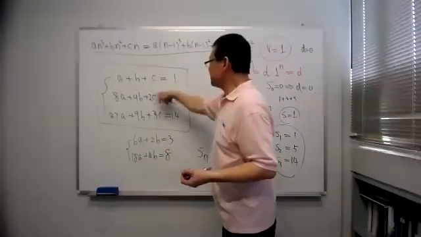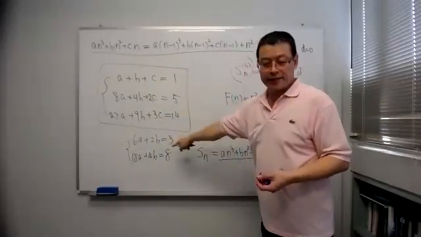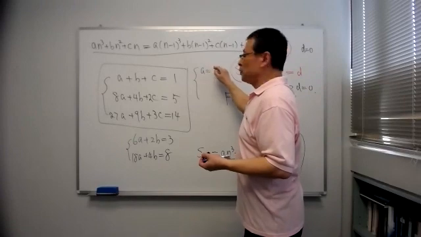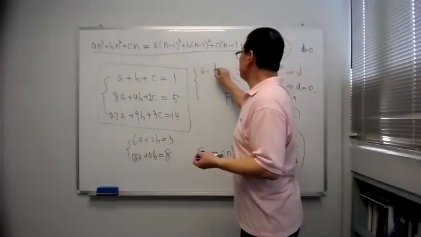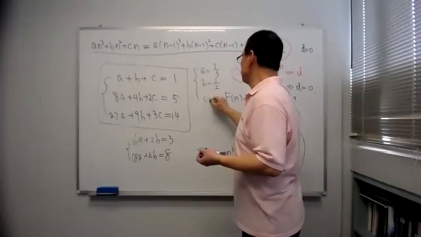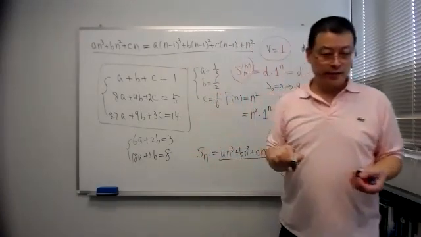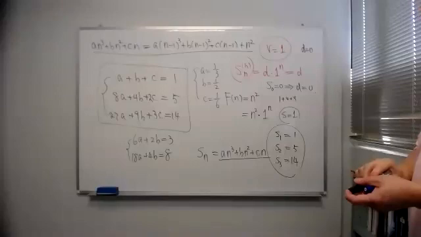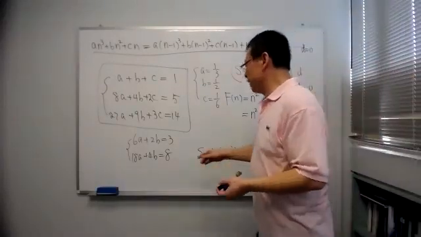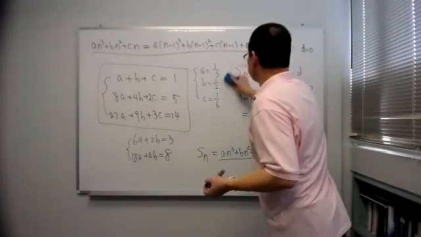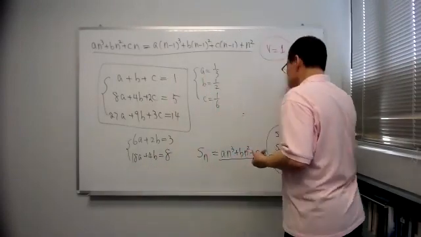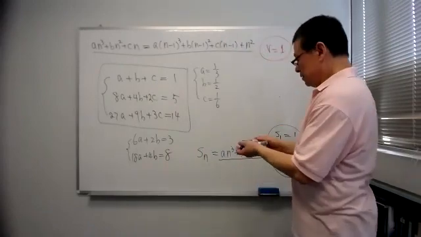That's what I get after eliminating C. Then from there, one can get A equals 1/3, B equals 2/3, and eventually C equals 1/6. Then one can obtain our solution as follows.